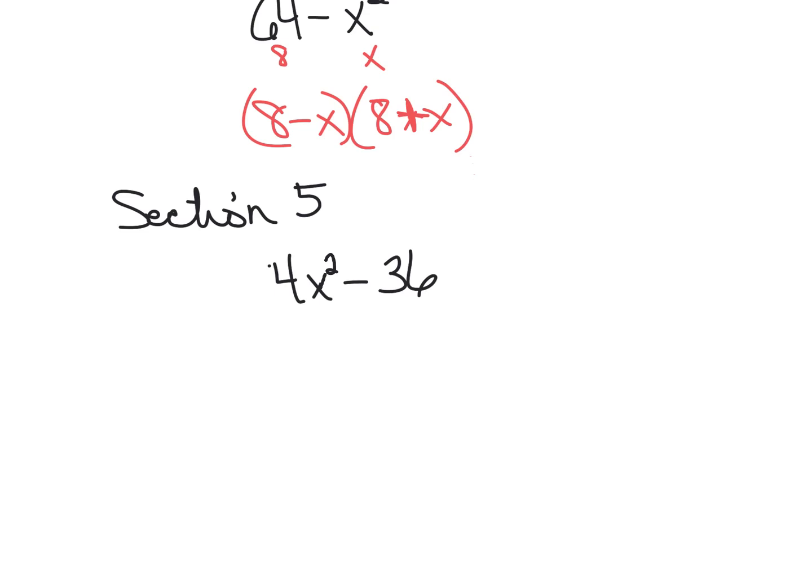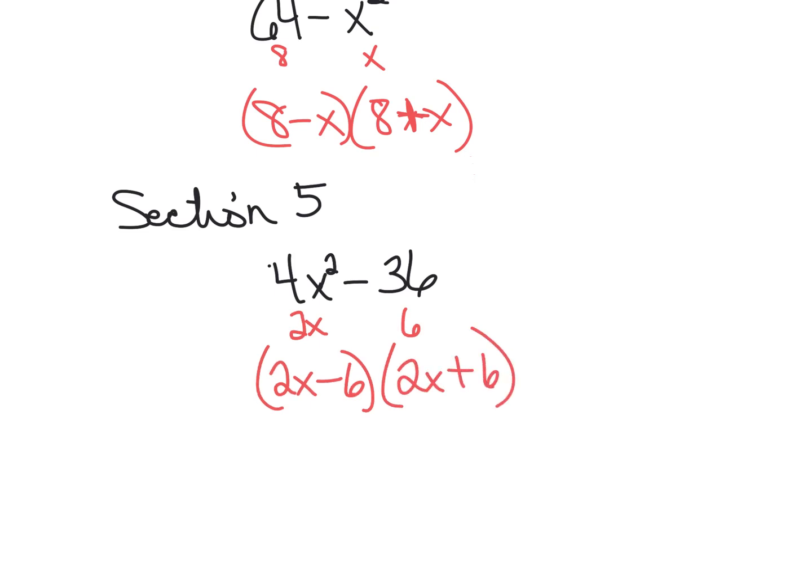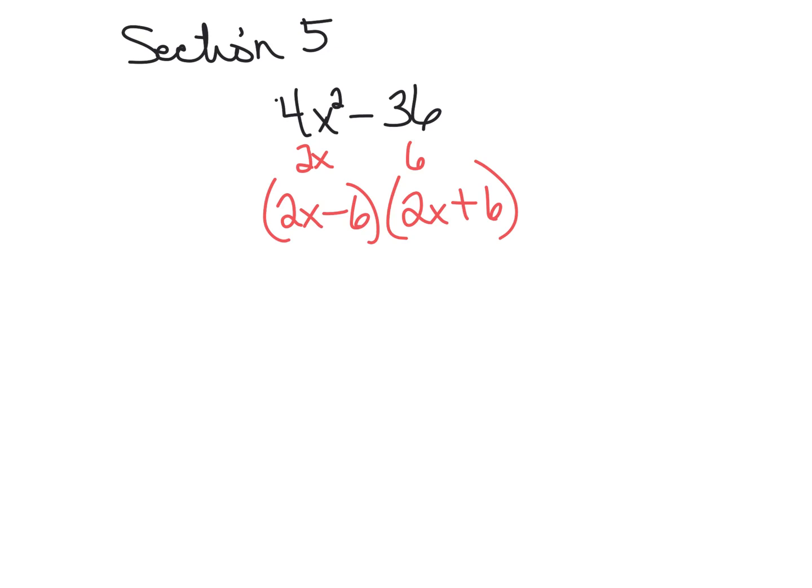So the square root of 4x squared is 2x, and the square root of 36 is 6. So I'm getting 2x minus 6 and 2x plus 6. Actually, there's a little more to that problem, but you don't have any like that in here, so I'm not going to go into that.